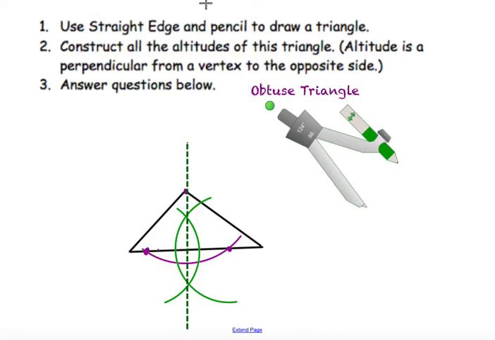And to do that for the other sides, what we have to do is extend those sides, because the way they are right now, we will not be able to do it.